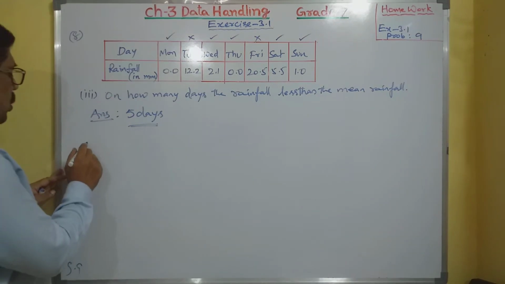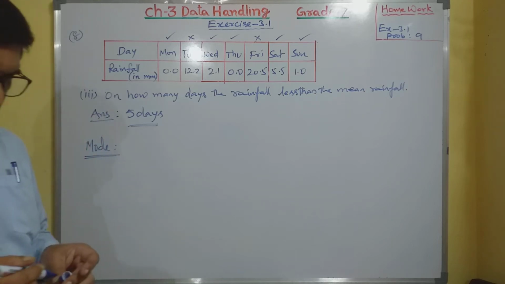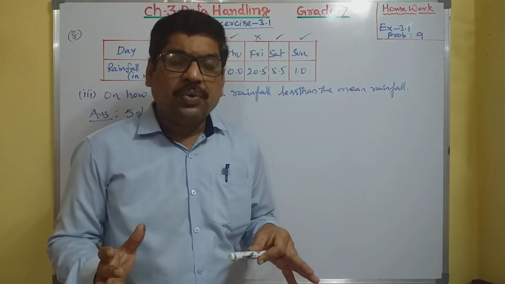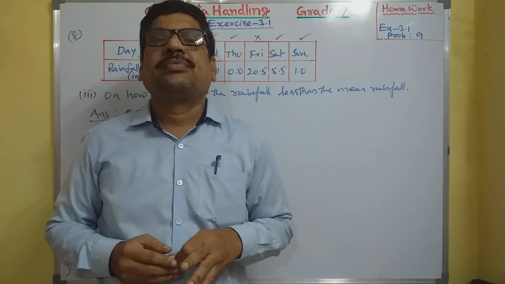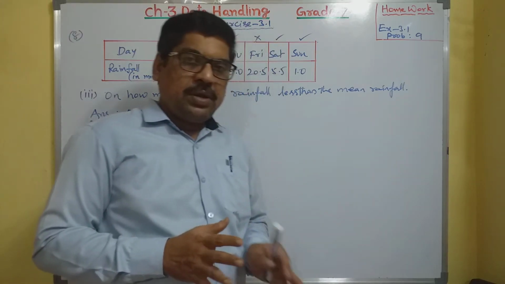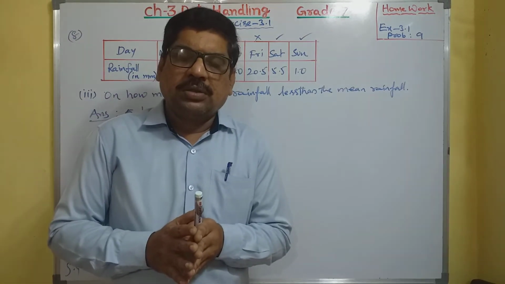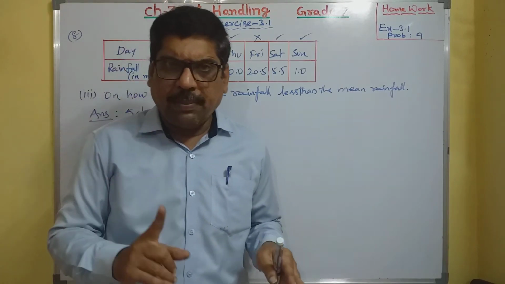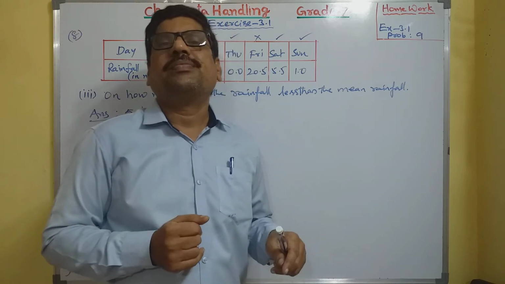What is meant by mode? So mode is the value which occurs more frequently in the data. Whenever you see, for example, the children in a class are using different colored pens: black pen, red pen, blue pen and green pen also.